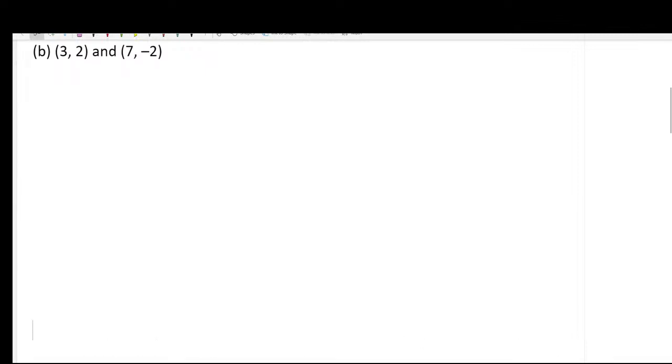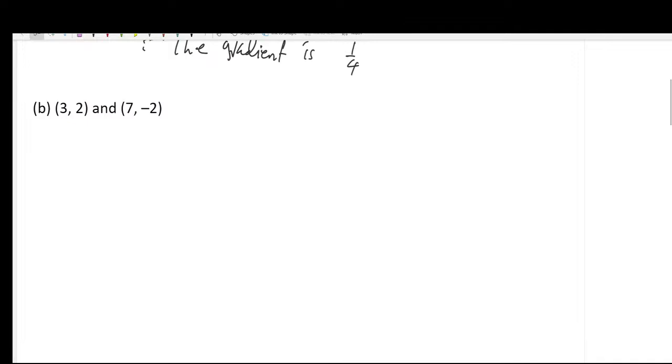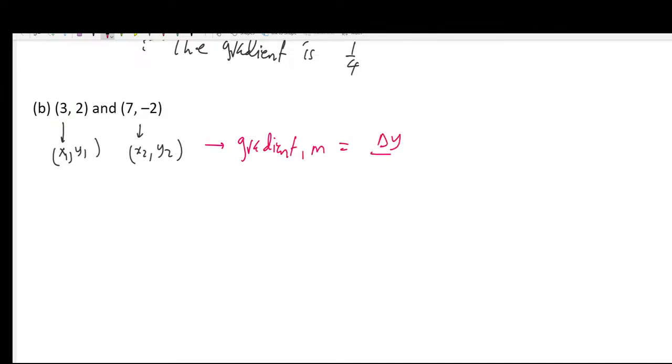The next one, dear students: find the gradient if you are given these 2 points here. To find the gradient of a line having these 2 points, we're going to use the same approach. We assume that this is x1 comma y1, and this is x2 comma y2. And we know that our gradient m is the change in y over the change in x, that is y2 minus y1 over x2 minus x1.